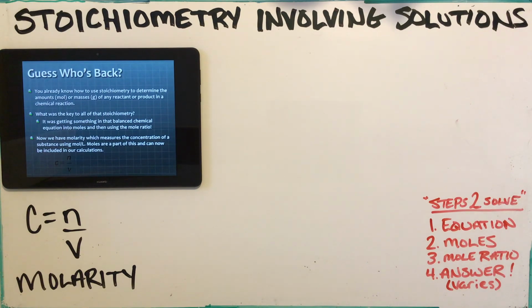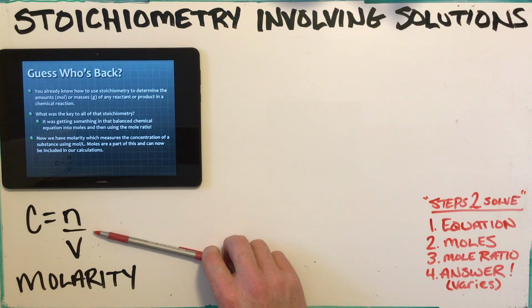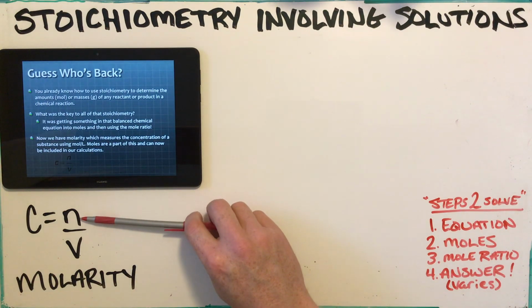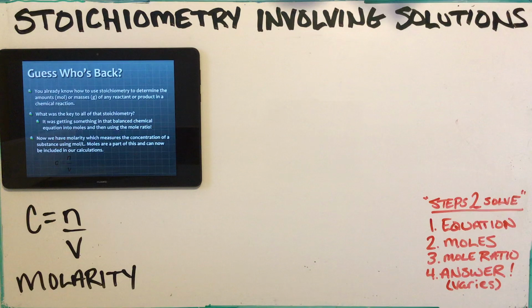So, what are we bringing in new? Well, we're bringing in this, molarity. Molarity measures the concentration of a substance in moles per liter. And given that moles, right here, the n is for moles, given that this has moles, we can now throw that in with our stoichiometry, because that's our second step, is to turn something in that equation, one of those substances, a reactant or a product, into moles.